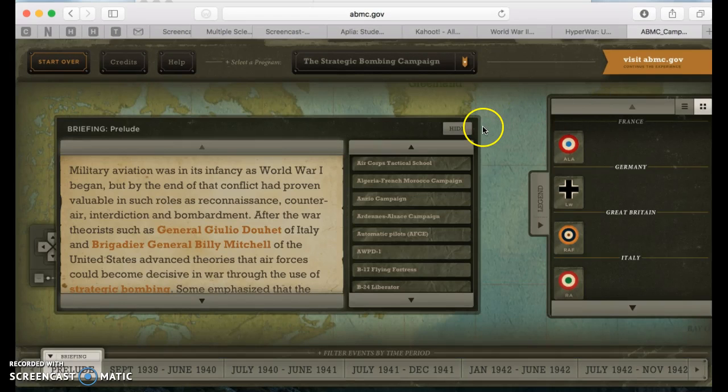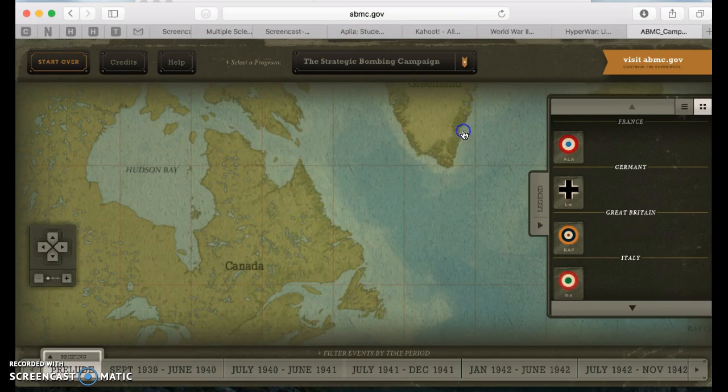You should notice that after the prelude video, the map will appear blank. You can now move along to the different time periods that run along the bottom of the page. Each time you click on a time period, a short intro video will be presented.